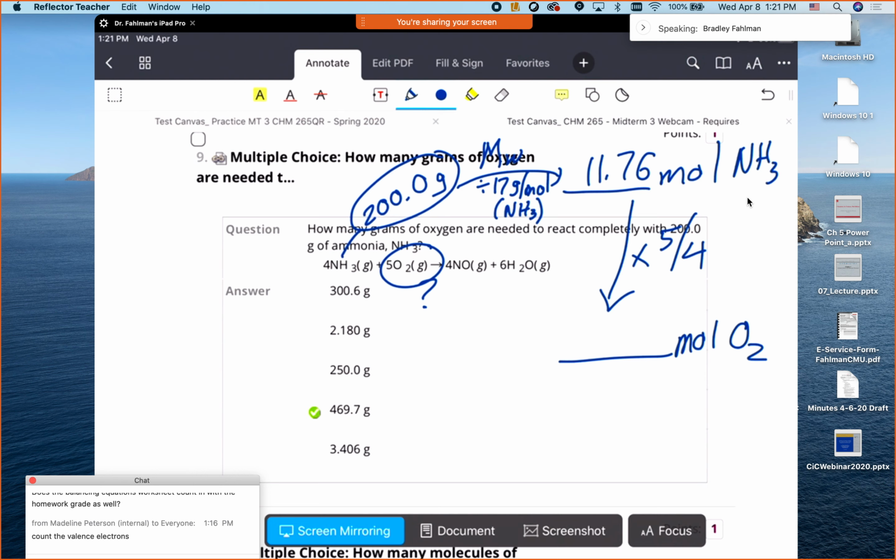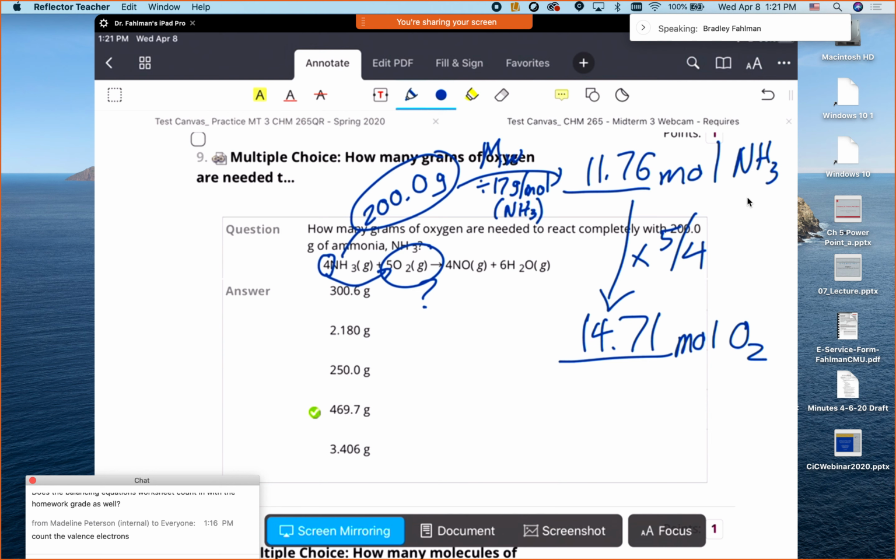In other words, you could say divide by 4 and then multiply by 5. So that is times 5 divided by 4. Okay, so that is 14.71, we'll say, moles of oxygen.